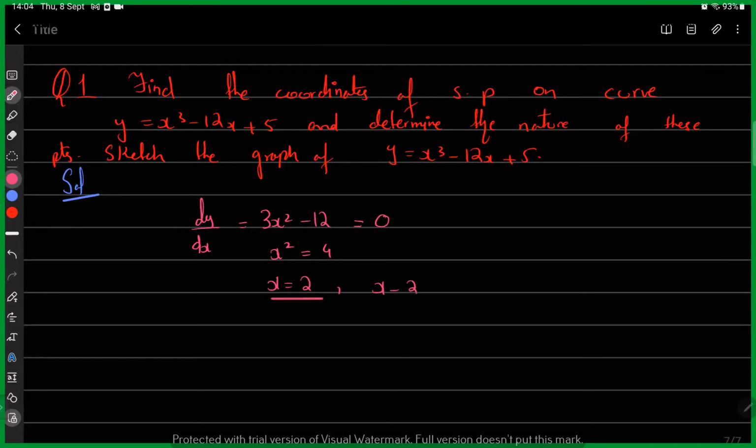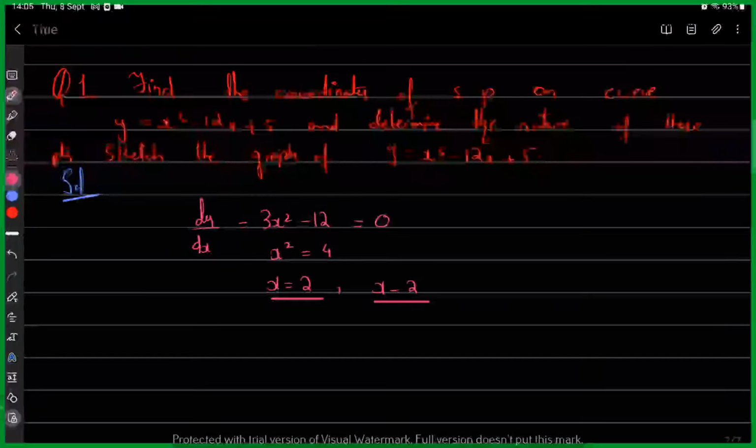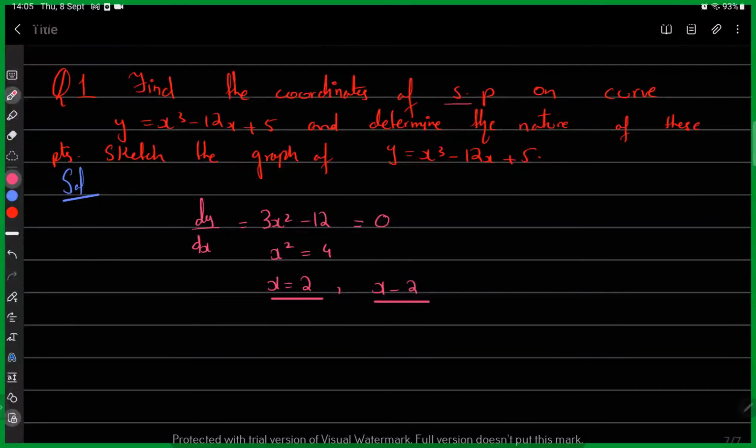Now these 2 and negative 2 are what? These are basically the x coordinates for the minimum points, and here you have been asked to find the coordinates of stationary points. So a point means both the x and y coordinates, right? So first of all, let's do some working and find the y coordinate at this point.